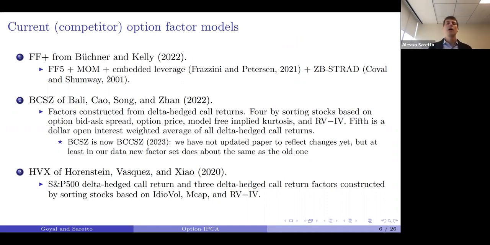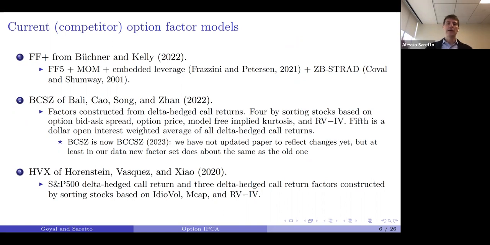They have one spread portfolio that is constructed, again, double sort, on option price, one on implied kurtosis, and one on RV minus IV. And then they have a market return, an option market return factor, which is basically a dollar open interest weighted average return of all the contracts.